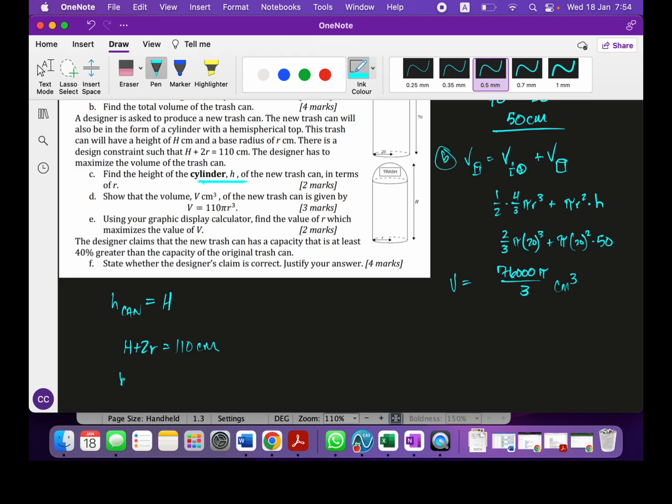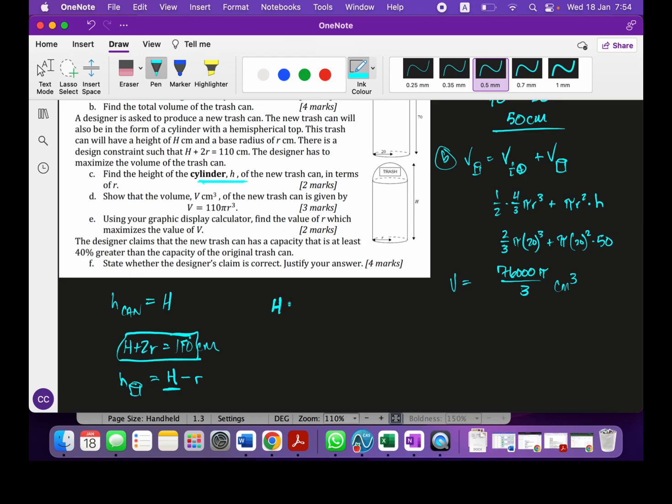Well, the height of the cylinder, just like with that first question, is going to be the total height minus the radius, right? But that's not quite only in terms of r. That's in terms of this h as well. So I'm going to use this formula here to turn that capital H into a function in r.